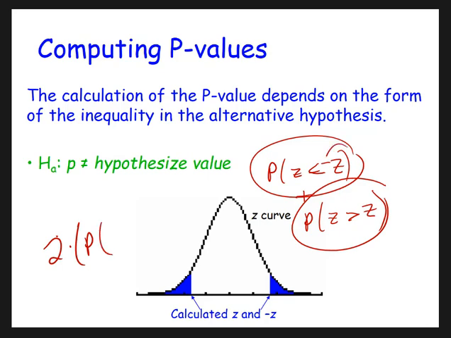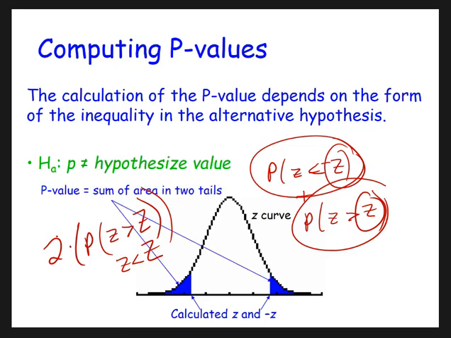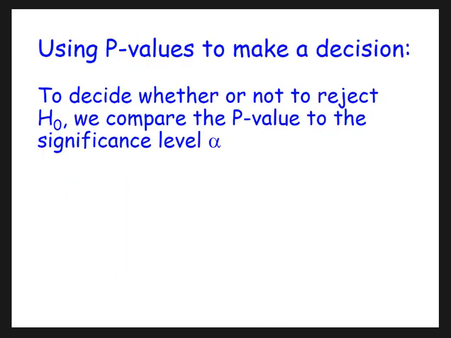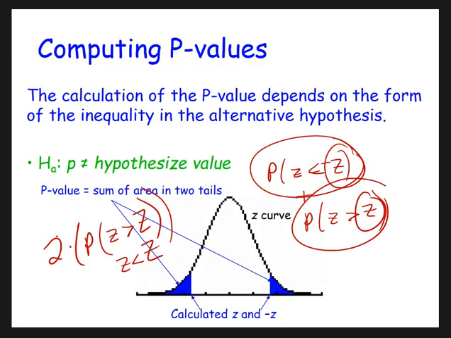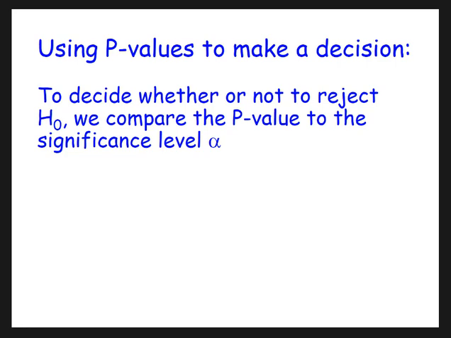If the calculated z from the sample is positive, it would be greater than. If it is negative, of course, it would be less than that value. But it's 2 times the probability of being further away from the center of that curve. The sum of those two tails will always have the same probability.